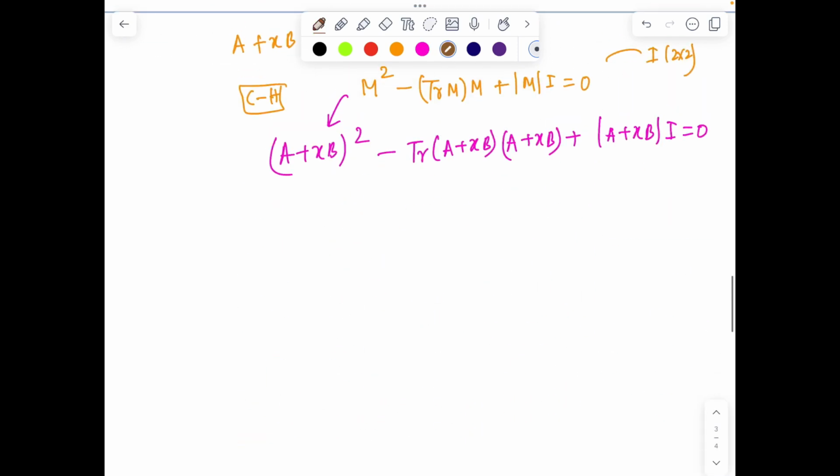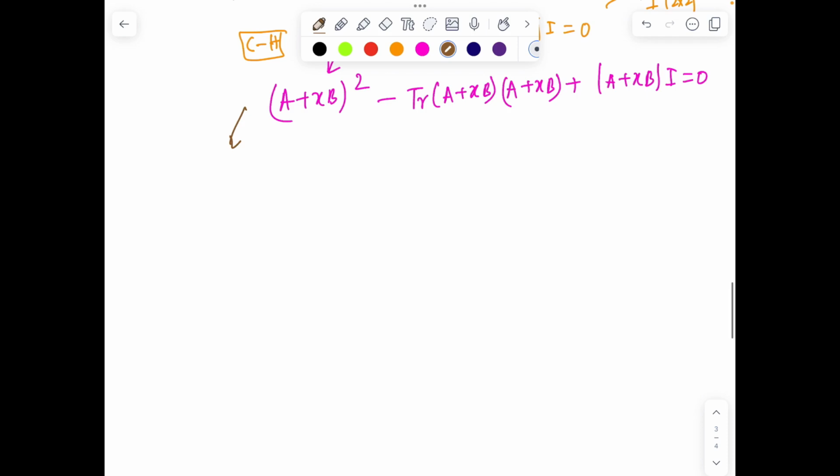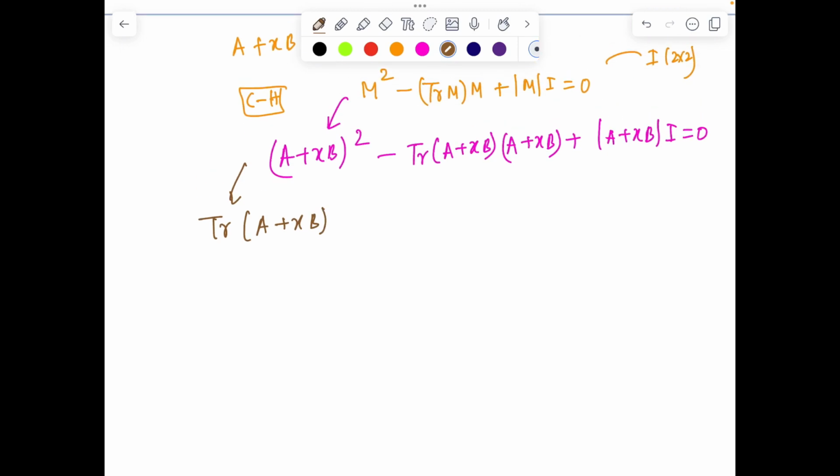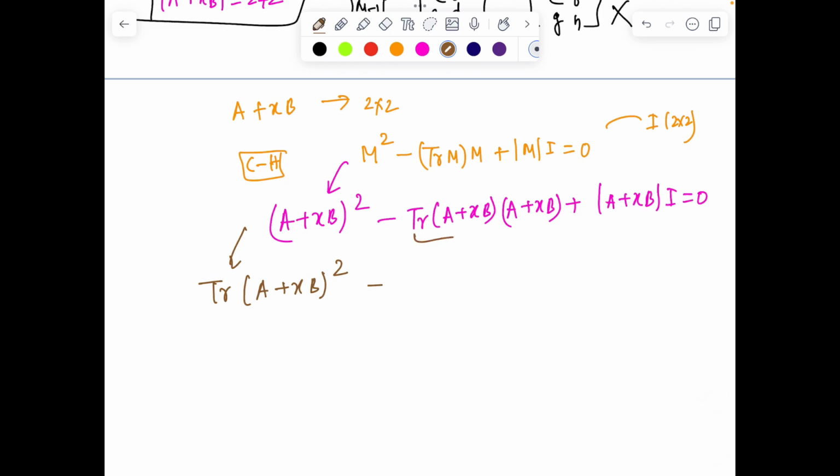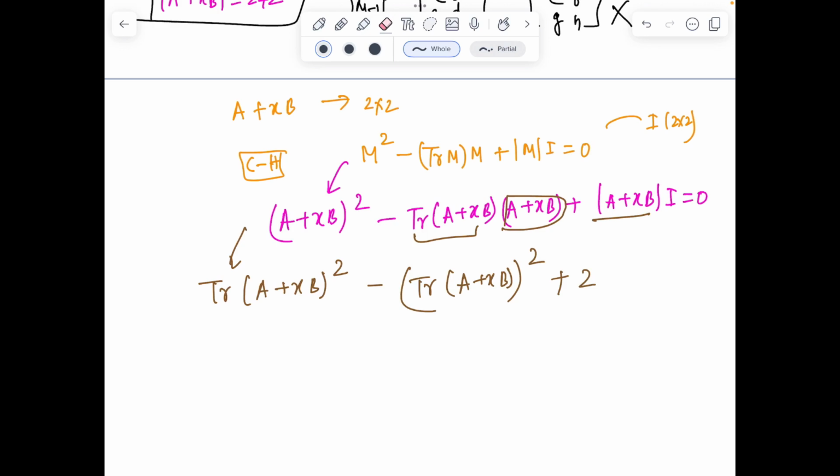Now from the given information we know trace of A and trace of B. So what we can do is take trace on both sides. Trace of (A + xB)² minus (trace of (A + xB))² plus 2 times the determinant of A + xB is going to be 0, because trace of I will be 2 here.